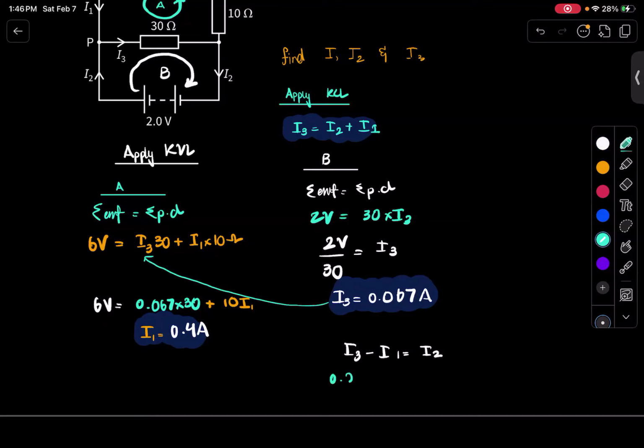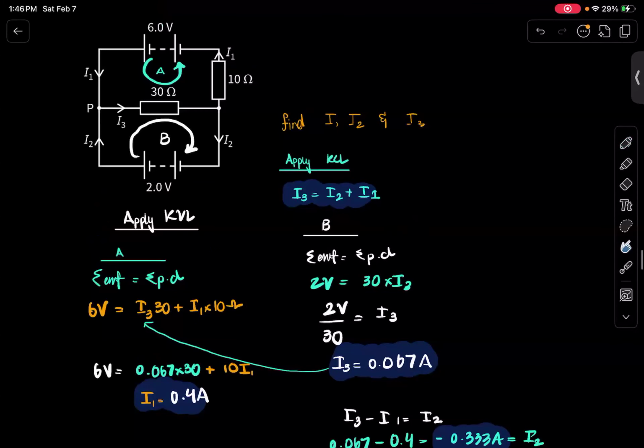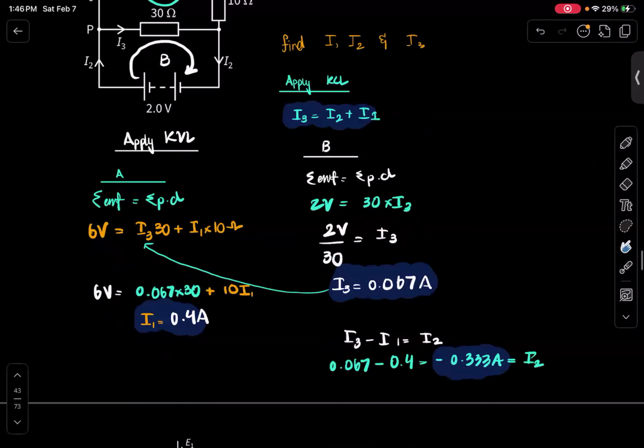I3 was equal to 0.067 minus 0.4, which is giving me minus 0.33 amperes, and that is I2, right? So that's how we figure out all I1, I2, and I3, right? So congratulations, we have figured it out.